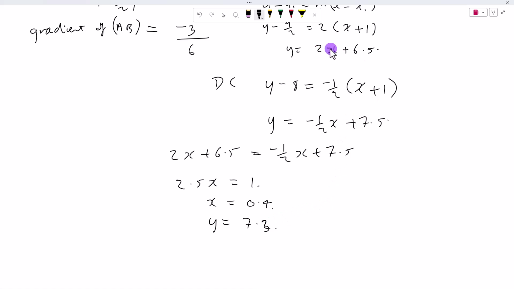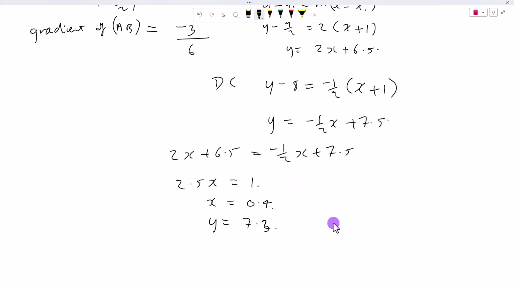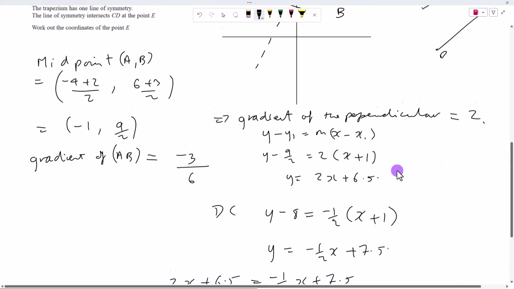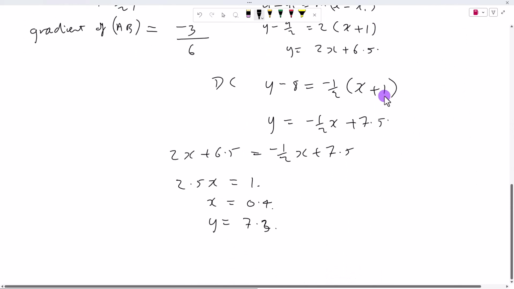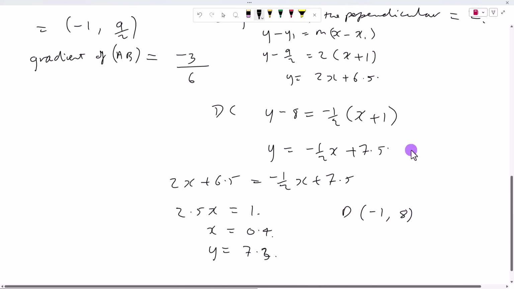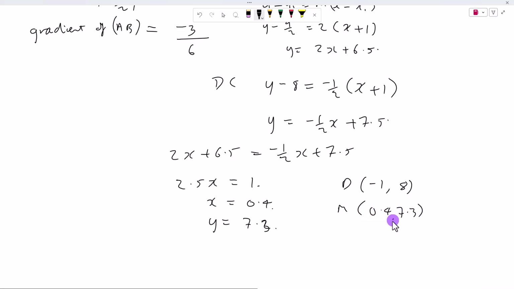And we can check that in the other one. So we get 0.4 times 2 is 0.8. Add that onto 6.5 and we get 7.3. So we know that we have got, let's call this point M. And we know that D is at (-1, 8), and we know that M is at (0.4, 7.3).